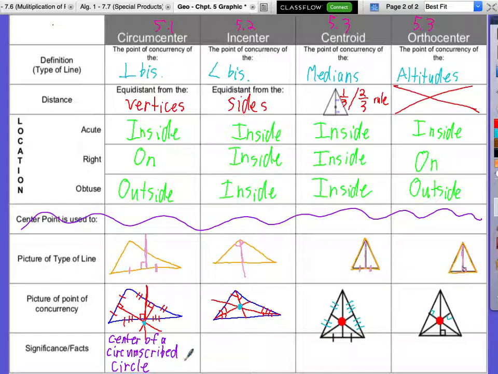Does it make sense that a circumcenter would correlate with a circumscribed circle? Circumscribed is where we take the circumcenter and draw a circle that goes around the triangle.